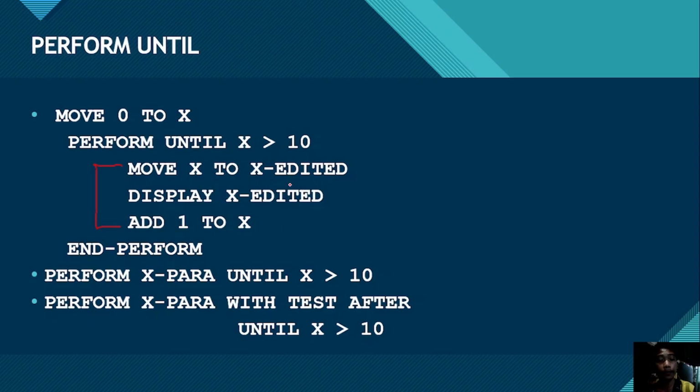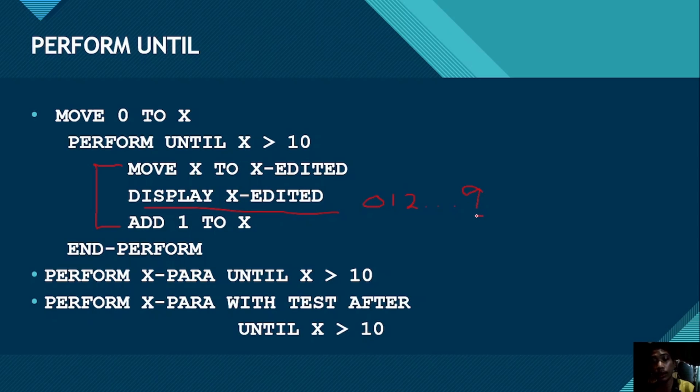Then add 1 to x, move x to x-edited, then we display the x-edited. So when we move x to x-edited, for example 0, when moved to x-edited, we display 0. 0, 1, 2, then 9.